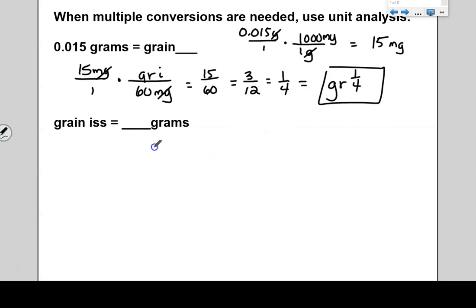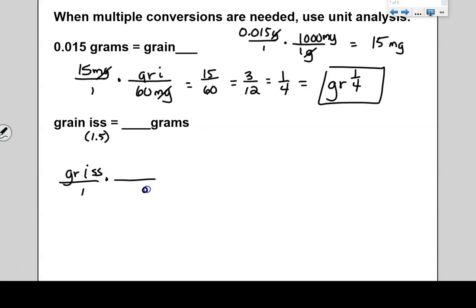Now let's look at this one. Notice this time they write Roman numerals, so they got ISS, and remember what that means. That means 1.5. So we're going to take our grain ISS over 1, and we're going to convert it into milligrams. Now, there are 60 milligrams per grain.